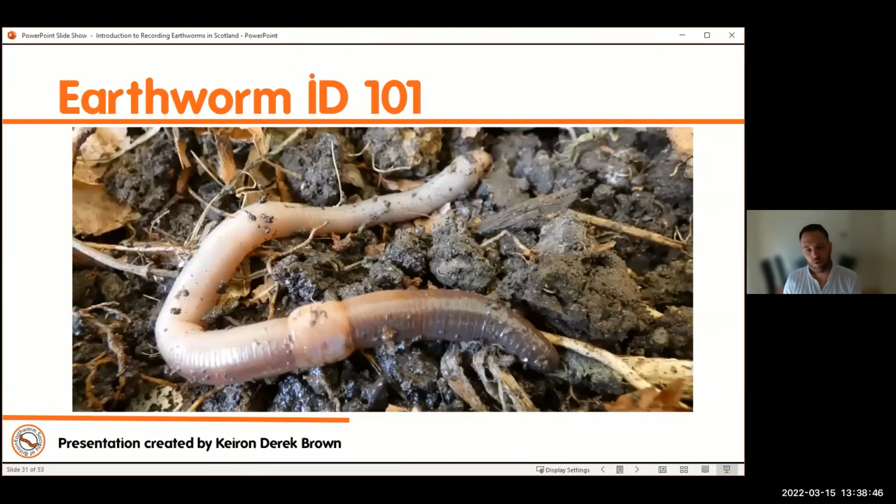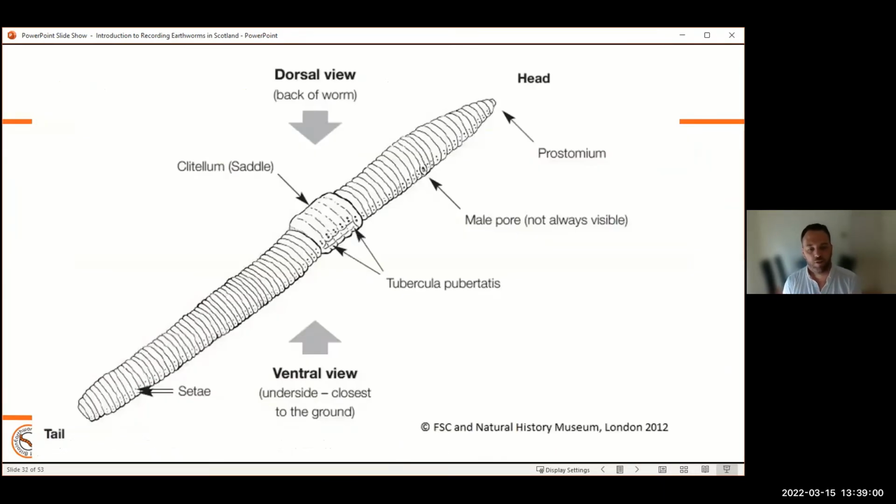Earthworm ID 101 is the saddle. If it hasn't got the saddle, we don't try and ID it. It's not an adult. And this is where most of the features are that we're going to be looking at. Now with earthworms, it's all about counting what segments things are on. We start off looking at earthworm morphology. They've got a head going down the earthworm. You've then got a feature called the male pore.